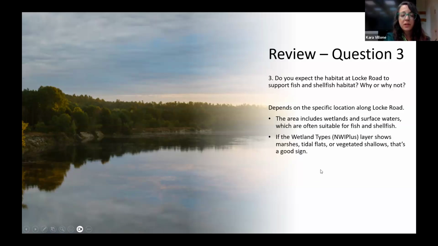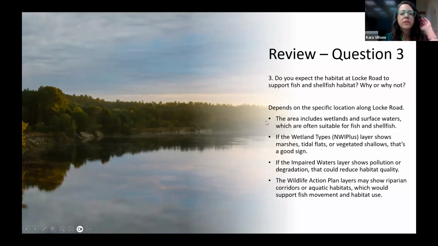With the impairments, it is important to consider certain species will be more prone to water impairments than others. Shellfish are especially sensitive to them because they're filter feeders, so they're going to take in any contaminants in the water column. So in terms of habitat, it's going to depend on the specific location along the road. It has wetlands and surface waters, which are suitable for fish and shellfish.